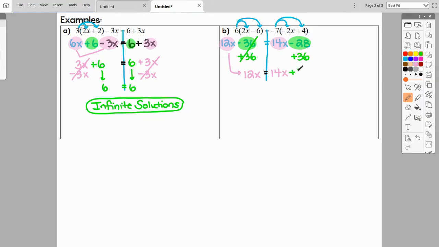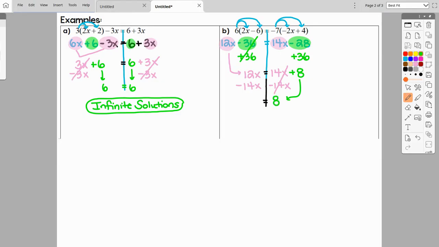From here, I got to get my x's together. I want them away from my number. So I have to move the one that is on the same side as my number, which is the 14x. Opposite of positive 14x is minus 14x on each side. Cancels out to no x left on the right side, but I still have my number of positive 8, and it's all alone, which is good.